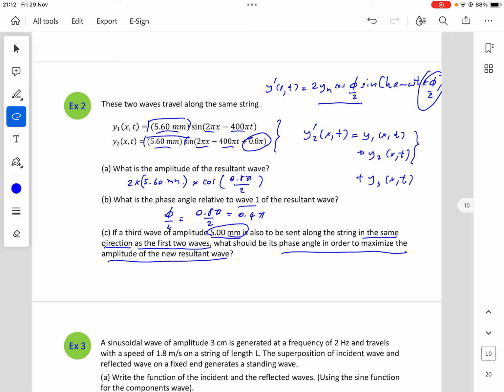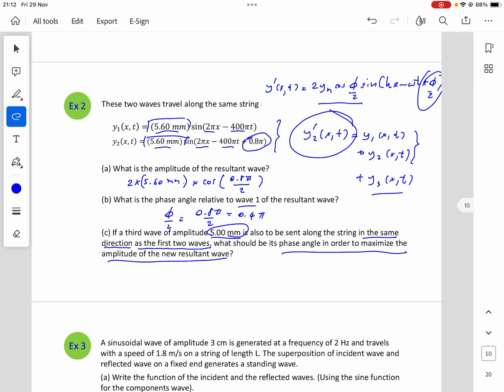You get the resultant wave of y1 and y2, right? And we get y3 here. But the question asks you only what is the phase angle for y3 that's going to get the maximum amplitude of this y prime 2.